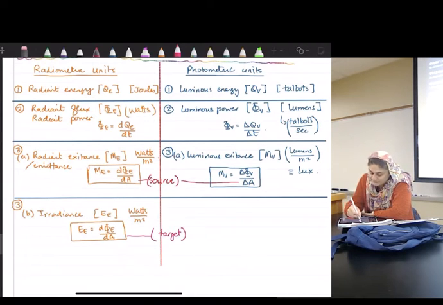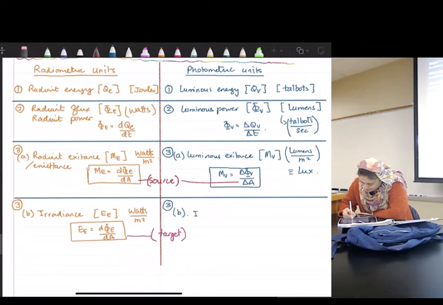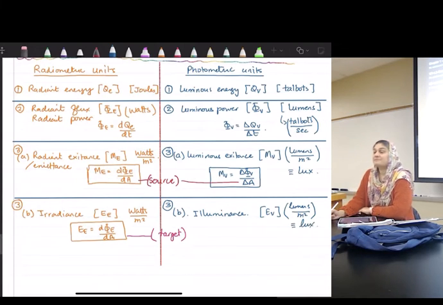The equivalent photometric unit, 3B, is called illuminance. Its symbol is EV. Units again are lumens per meter squared or lux.